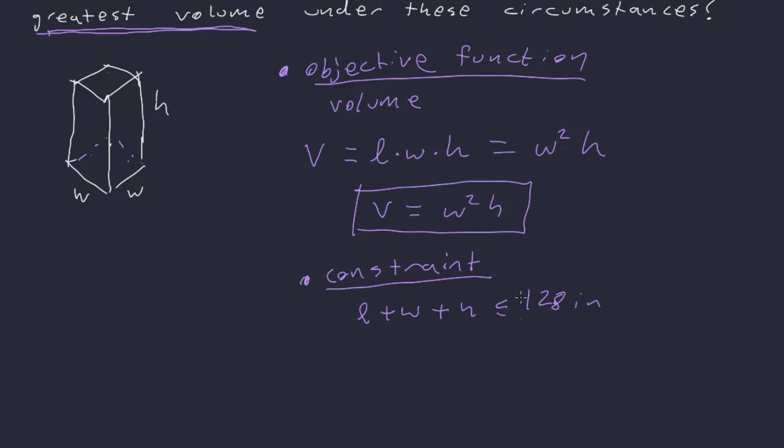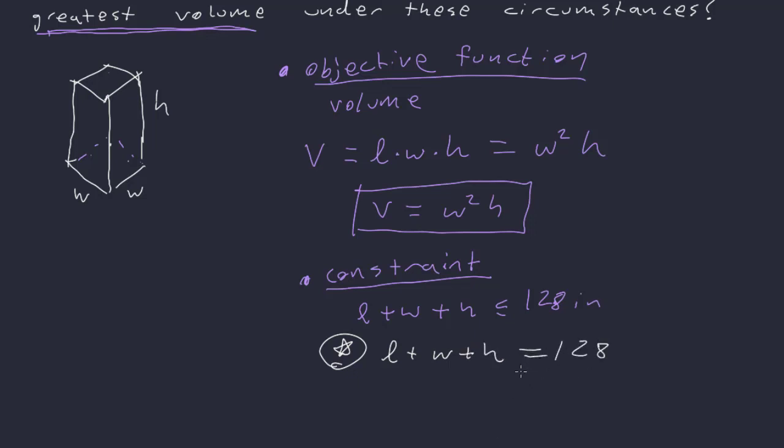Now this is what the policy says. The policy says that if we have length plus width plus height, it cannot exceed 128 inches. However, we don't want to consider anything less because we want to find the biggest box we can that will give us the greatest volume, right? We want the biggest we can get. So what we're going to set as our constraint is that our length plus width plus height should equal 128.